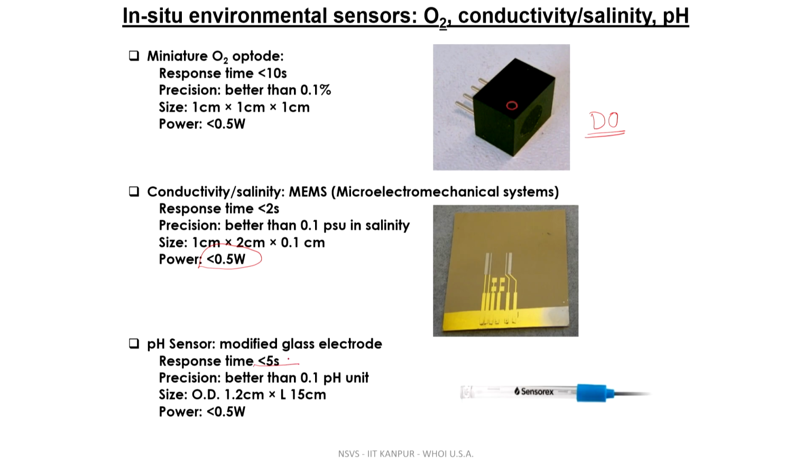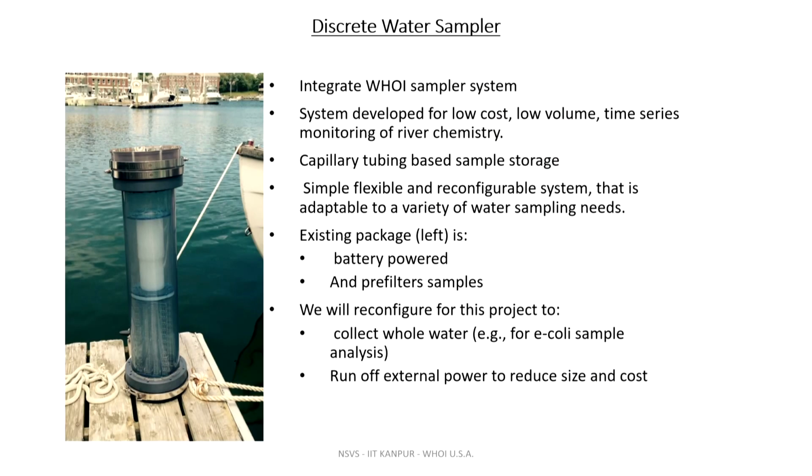Precision is better than 0.1 pH and the unit size is 1.2 cm by 15 centimeter. Again, the power most importantly is less than 0.5 watt. In each and every case, the power requirement should be as low as possible, because we have to generate power on board.